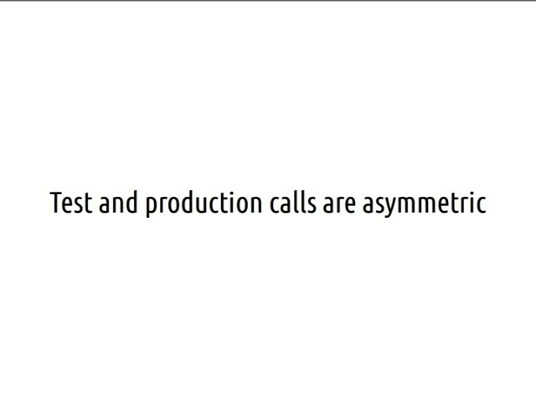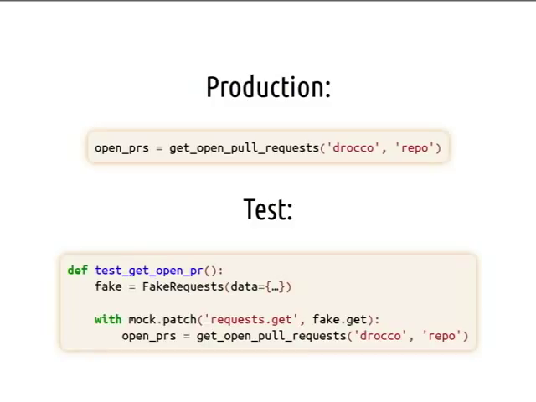So one problem is that the calls are asymmetric, right? The way you work with these dependencies in your production code does not match the way you work with it in your test code. Here's an example. Let's say I'm going to use mock.patch to help me, so I'm not using responses, and I'm just going to roll my own, right?